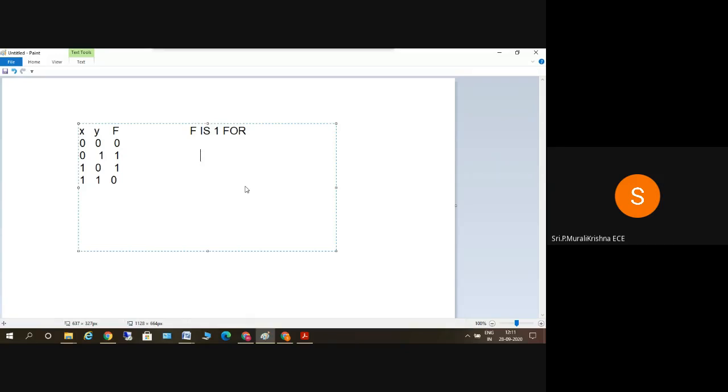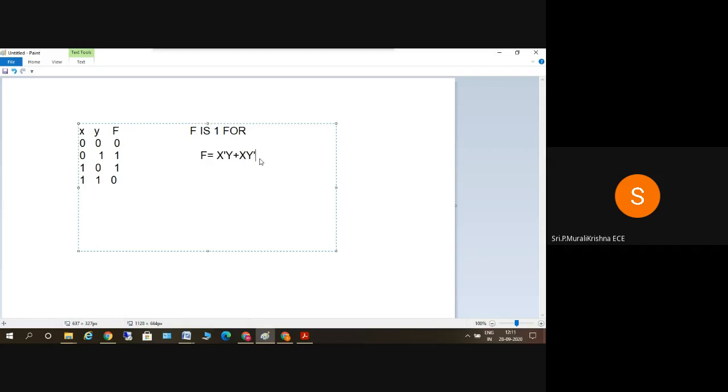So f is equal to, for 0 1, it is x bar y, plus for 1 0, it is x y bar. Yeah, x y bar.